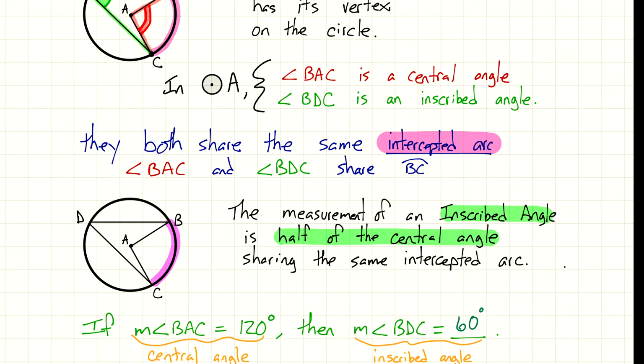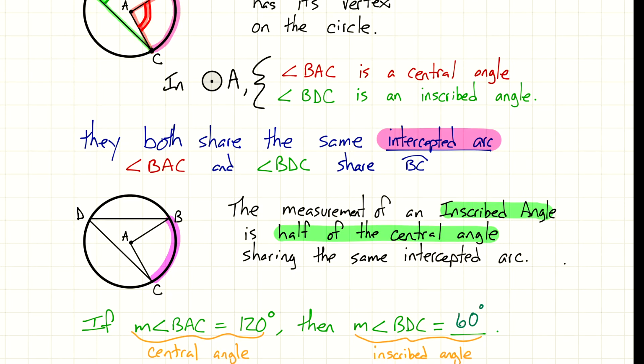So if you know how to divide by 2, then this should be pretty easy for you. So inscribed angle and central angle, they are related. As long as they share the same intercepted arc, it's going to be very easy to calculate one if you have the other.